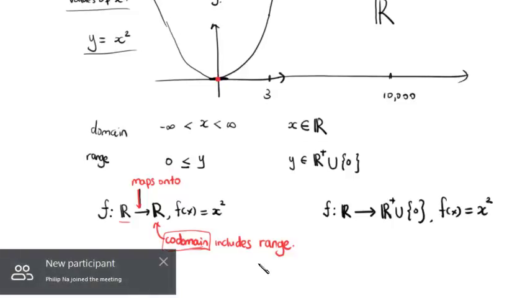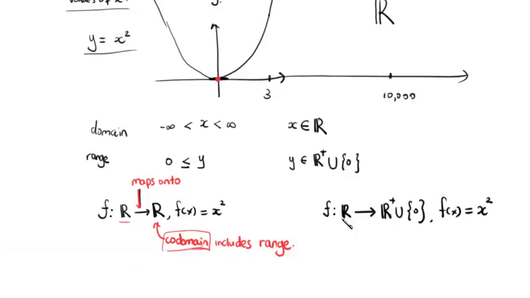So we could do that instead of this. But you can see that we have to be very strict about the domain, but we don't have to be so strict about the codomain. As long as the codomain includes the range, it's fine. Even though this one doesn't include the negative, when we write the function, we just include the codomain, which is much bigger than the range. So it's very convenient.